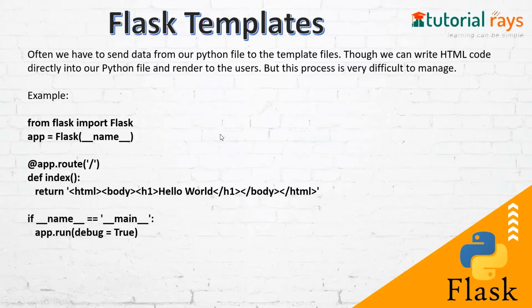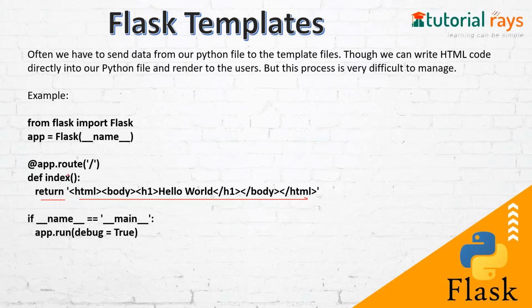So often we have to send data from the Python file to template files. Though we can write HTML code directly into our Python file and render it to the users, the process is very difficult to manage. You can see here in this example, we have directly written this HTML code inside return.